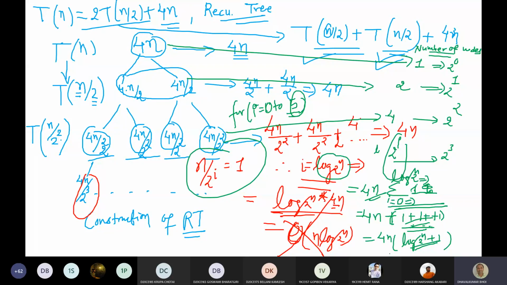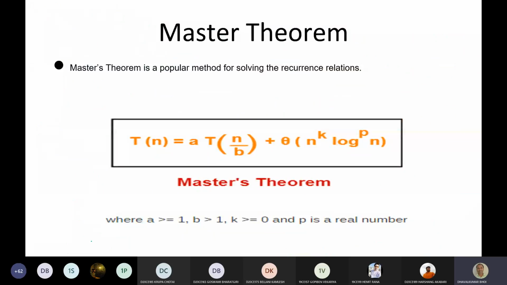If you simplify this equation, it is equal to 4n log n base 2 plus 4n into 1, so 4n, which is again the lower order term. This is the same equation that we got for the substitution method. I hope it's clear now. This is the recurrence tree methodology.